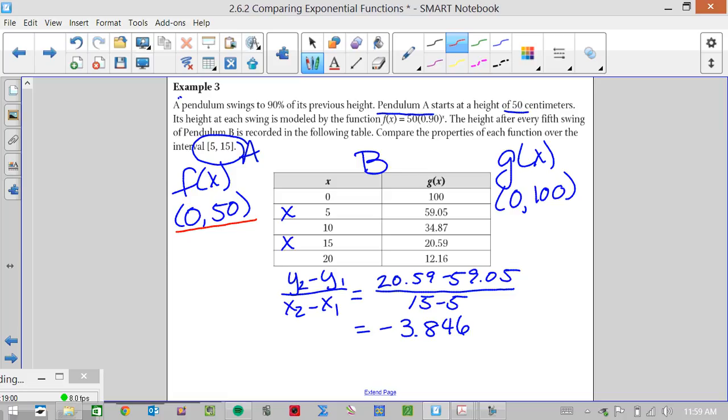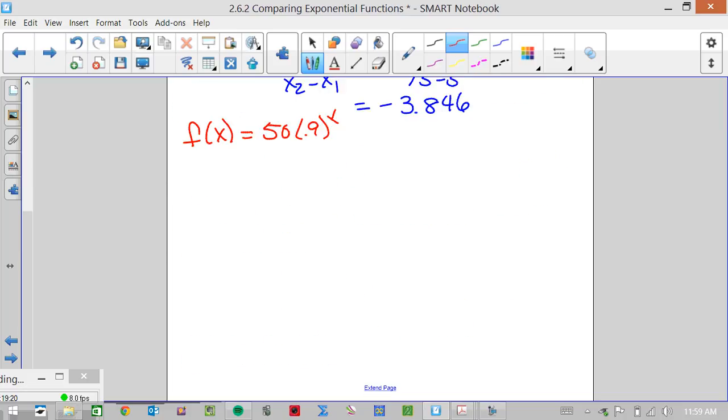I can't use my y-intercept. The 2 points I need to use are on the interval when x equals 5 and when x equals 15. So the first thing I need to do, let's rewrite our function f of x is equal to 50 times 0.9 to the x. And I need to find f of 5 to get my first point.